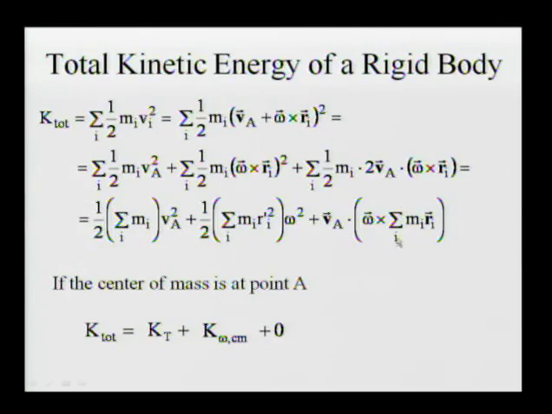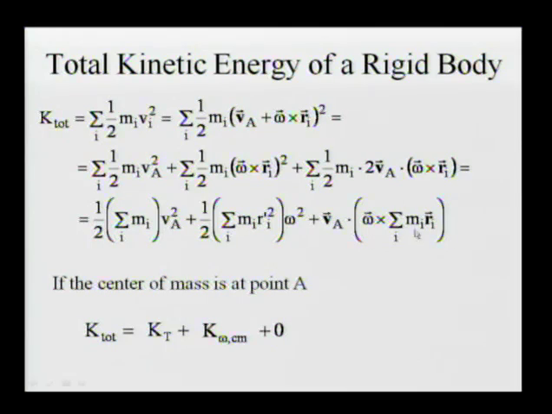Now, over here, if point A is the center of mass, think what will happen if I calculate this sum. If I divide this sum by the total mass, it will be the position of the center of mass, right? Now, if the reference point is at the center of mass, that expression will give me the position of the center of mass with respect to the center of mass. So it's a zero vector.